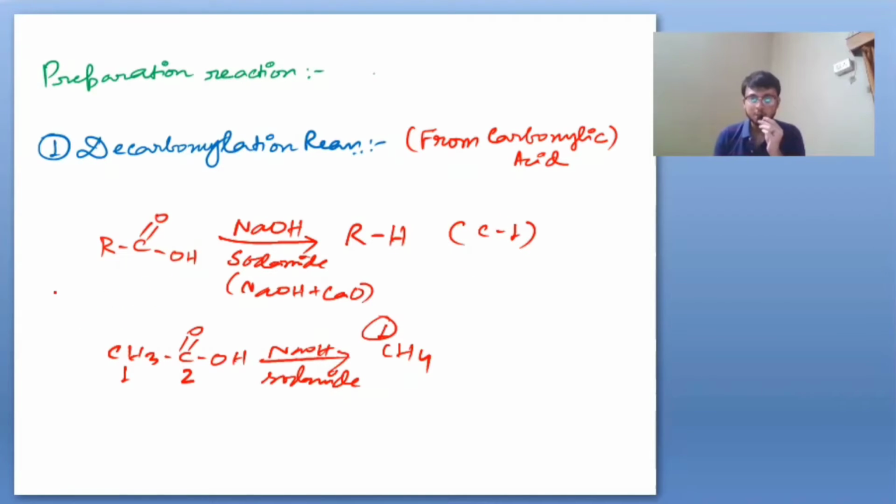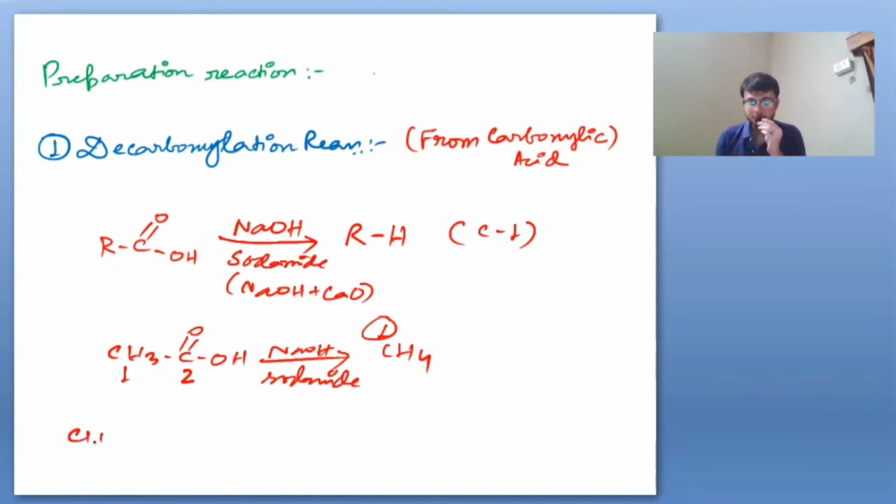So the number of carbons we have taken for the carboxylic acid, the alkane will have minus 1 carbon in the product. So if they give you an acid and ask what will be the product of the decarboxylation reaction, then you just do minus 1 and make it an alkane.